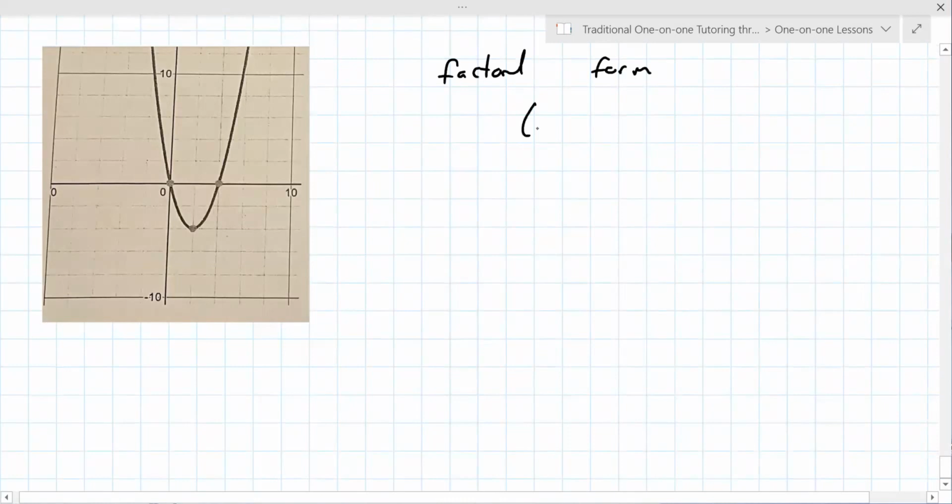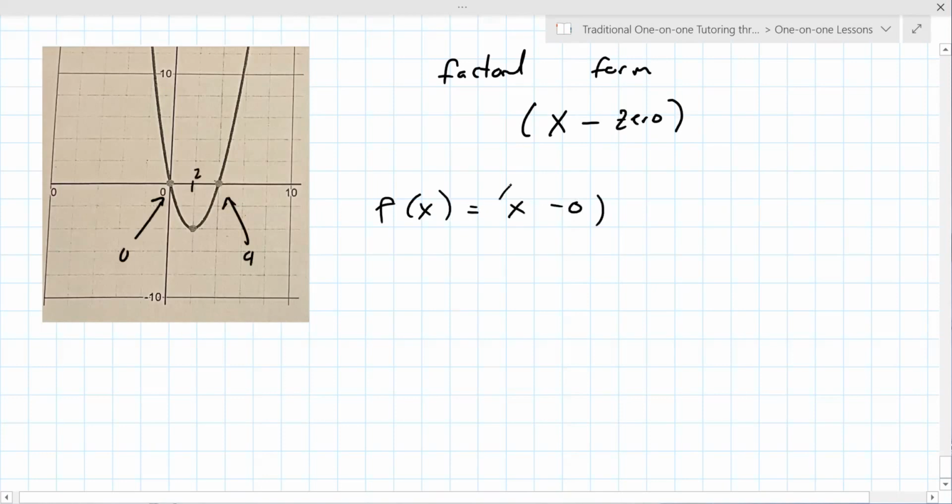Your factors are x minus the zero, wherever it crossed the axis. This one has zeros at 0 and, actually, that's 4. So 0 and 4. This has the form x minus 0 times x minus 4. Do you see that?